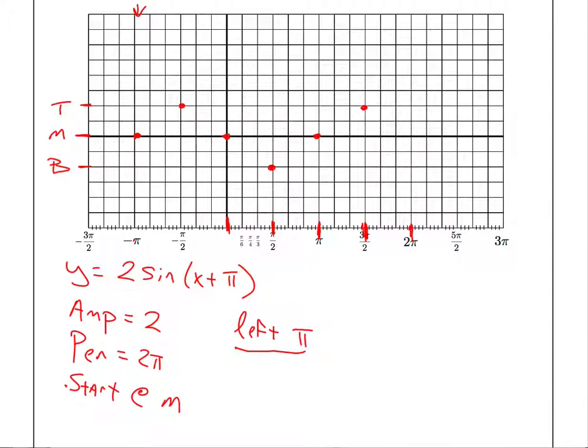That is 1, 2, 3, 4, 5, 6. 3 more, there's 7. 3 more, there's 8. 3 more, there's 9. All right, and draw your hills and valleys. And put arrows on each end for me. There it is.